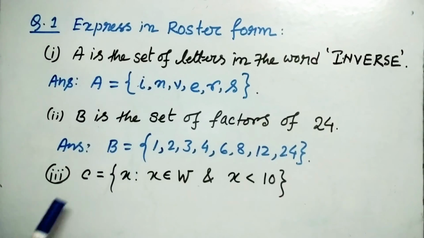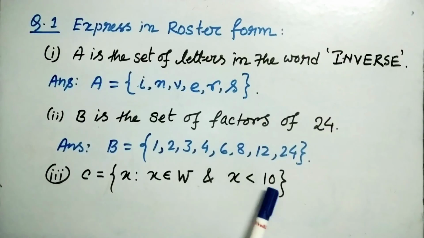Our next question is C is equal to {x such that x belongs to W and x is less than 10}. Now you see C is the set, x is that number which belongs to W. That means W is the set of whole numbers. Now also x is less than 10. Now see, x is a whole number which is less than 10.